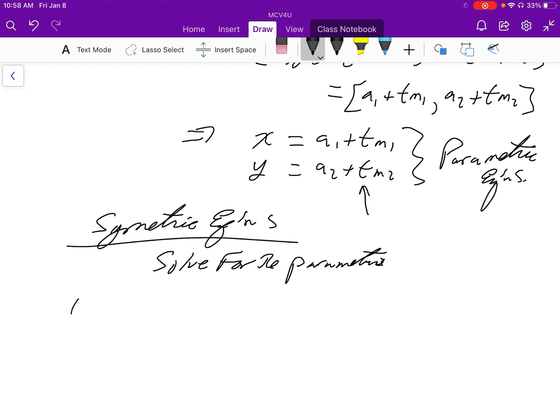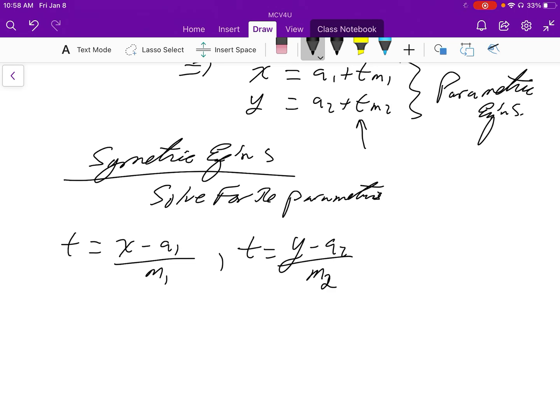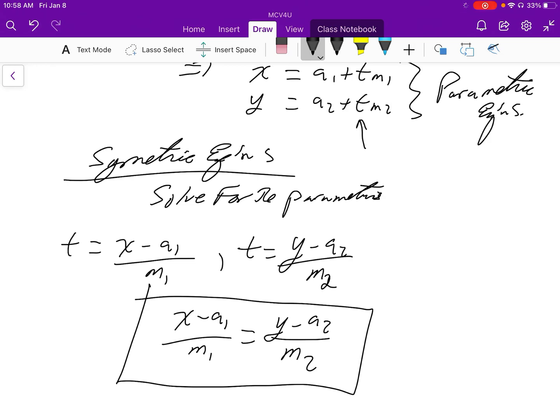So for the X, we know that t is going to equal (x minus a1) divided by m1, all right? And when we use the Y equation, this t parameter is equal to (y minus a2) divided by m2. All right. Since the parameters are the same, then we just simply put these two equal to each other. And this is your symmetric equation.